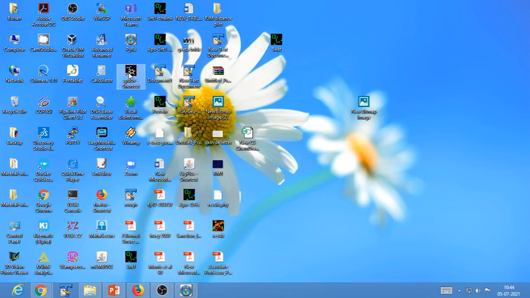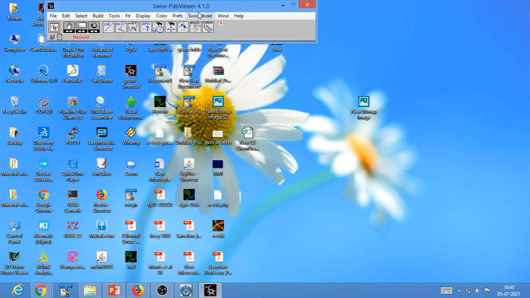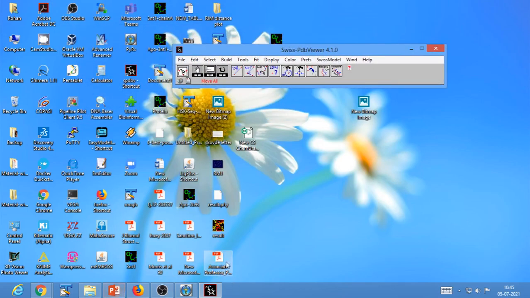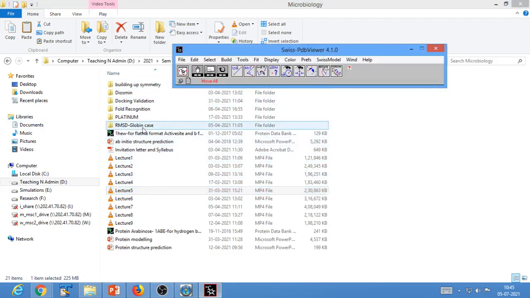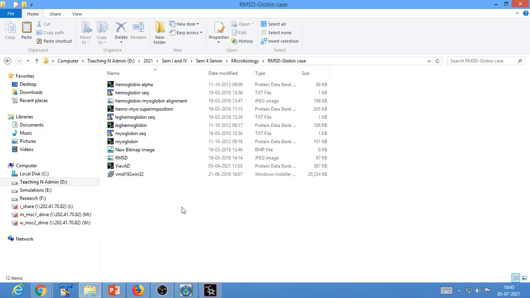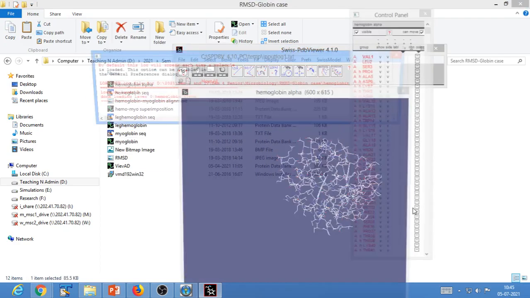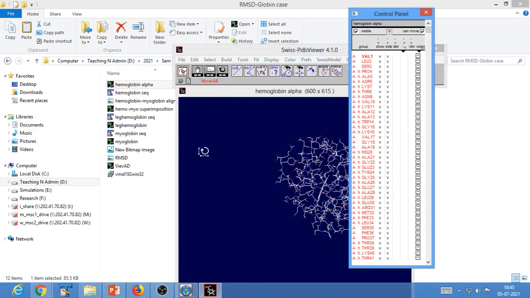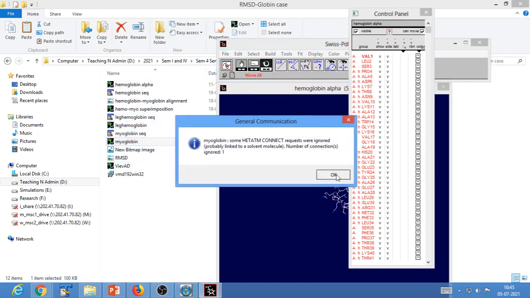Okay, so let us begin with our simple protein. What we have over here is the alpha chain of hemoglobin that I am loading, and this myoglobin that I am loading.